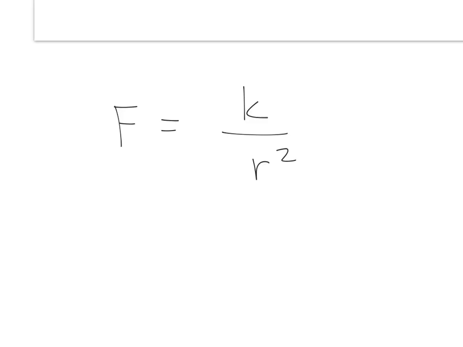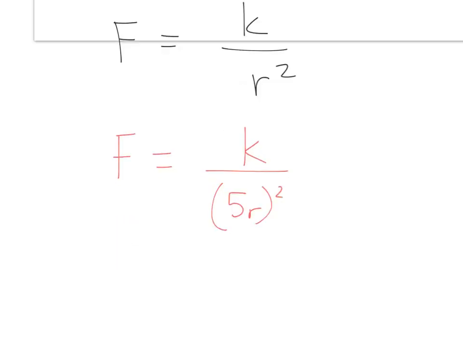So if you decrease the distance by a factor of 5, you're increasing the force by a factor of 25. Okay? Again, let me prove that to you in case it doesn't make sense. So I have some distance between these two particles, and suddenly I take that distance and I quintuple it. I increase it by a factor of 5. Well, in essence, what does that do?